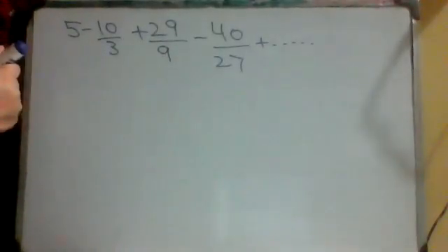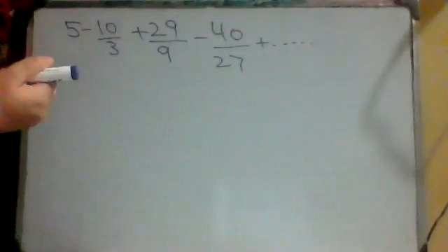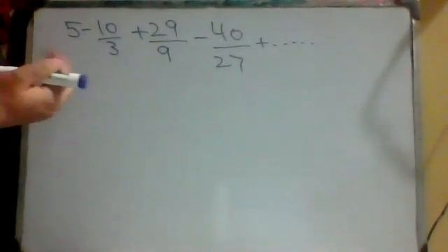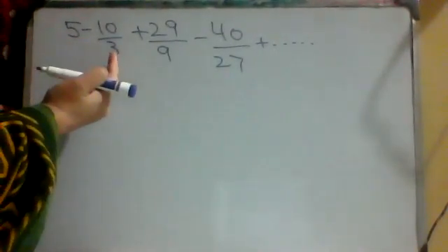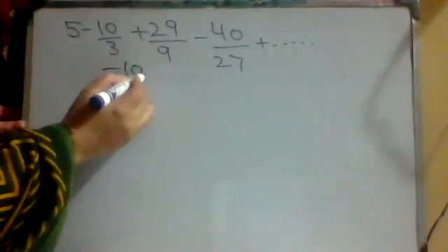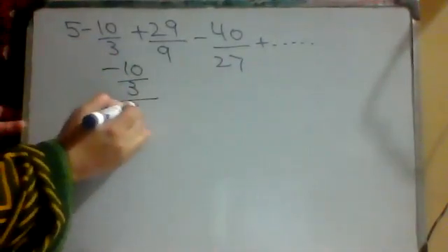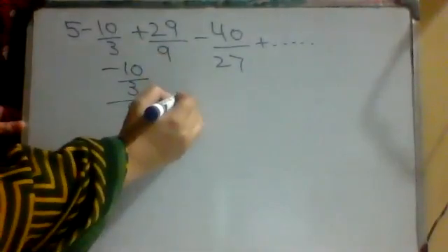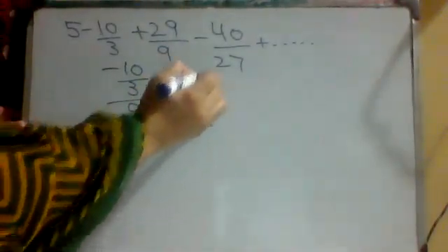So now example 2 is find the sum of this series. First of all, we check what type of series this is. If I divide the second term with the first term, I will get minus 2 over 3.